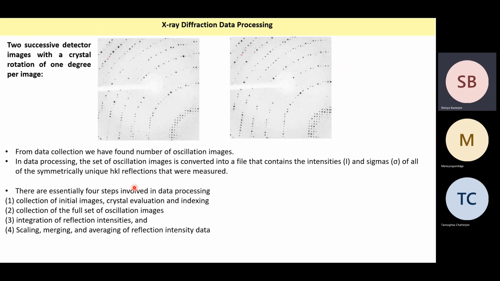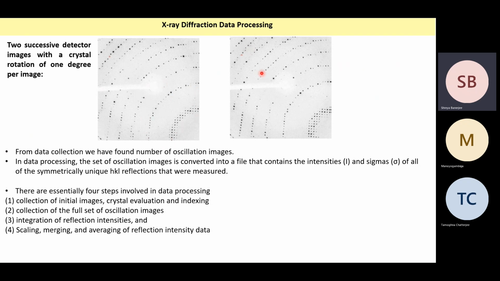So in data processing, there are 4 main steps. One is you collect the initial images like this. You evaluate the crystal and index each of the spots by HKL. Then you collect the full set of oscillation images, oscillating the crystal from all different angles on the goniometer head.